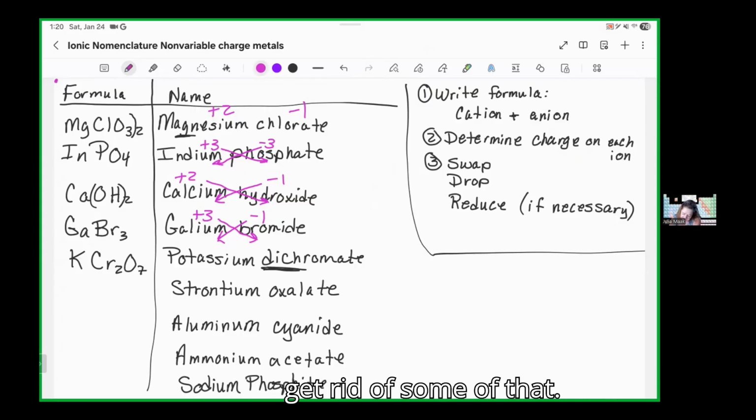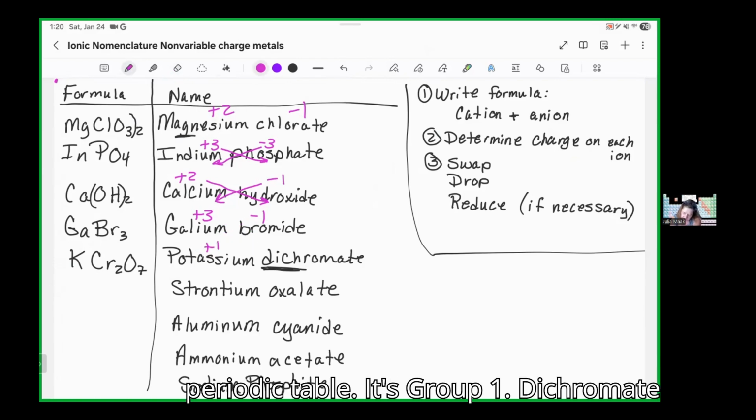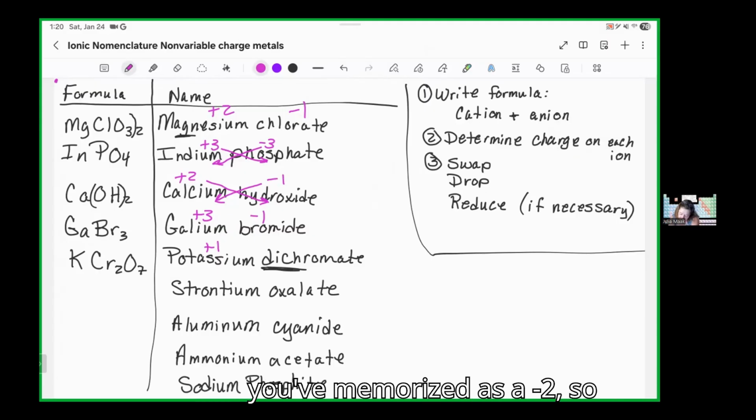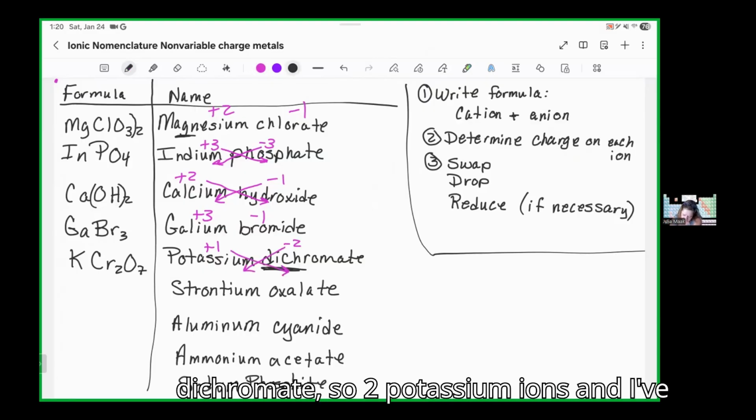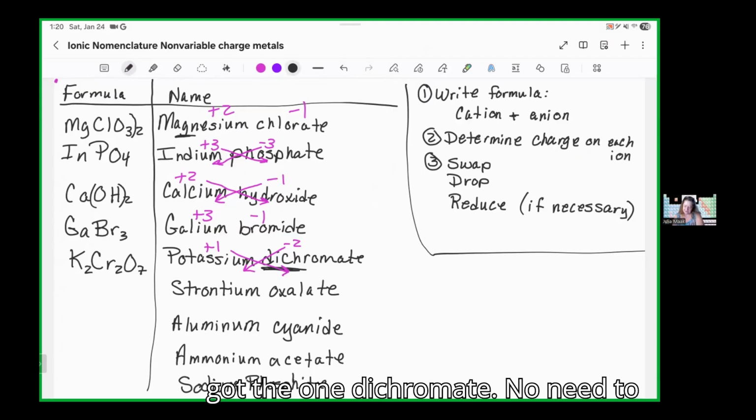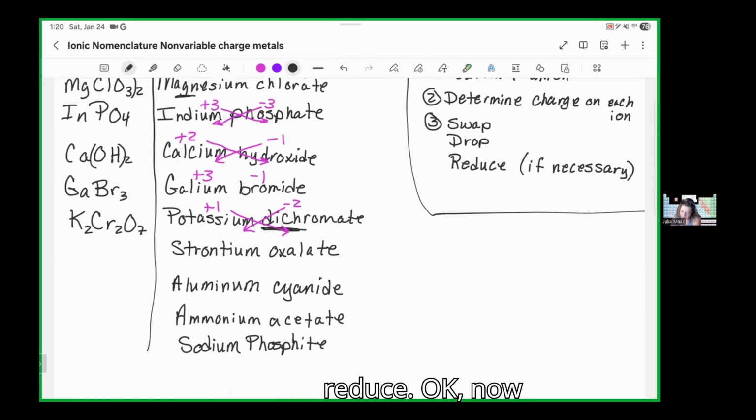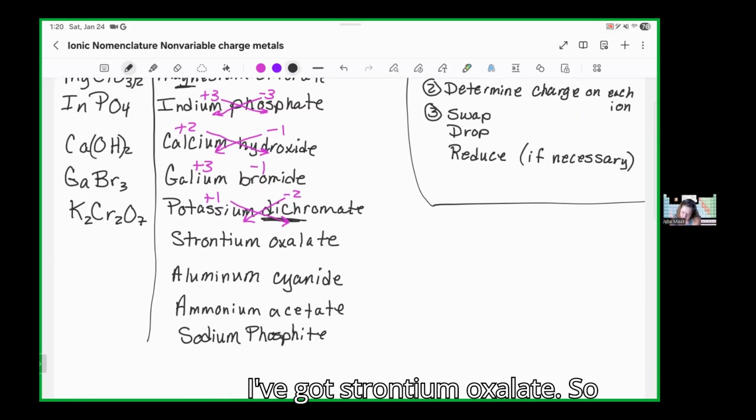Okay, potassium is a positive 1 on our periodic table. It's group 1. Dichromate, you've memorized, is a negative 2. So I'm going to swap those. I need 2 potassiums and 1 dichromate. So 2 potassiums, and I've got the 1 dichromate. No need to reduce.